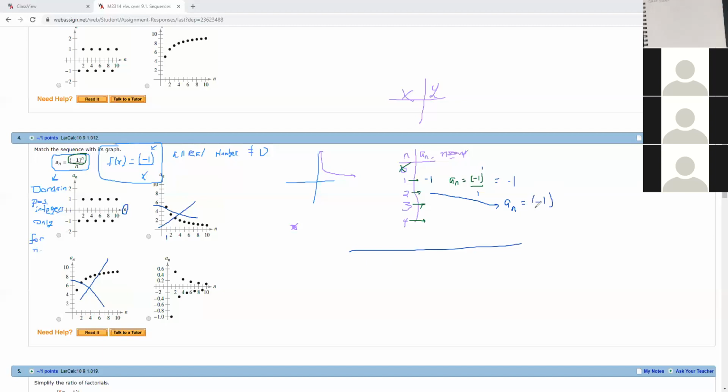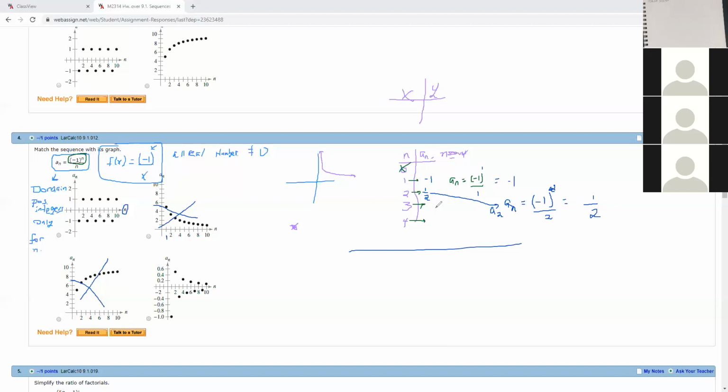So technically we would want to write here a sub 2. So a sub 2 is when you put n equals 2 for the n, and now we have -1 squared and then divided by 2. And of course, -1 times -1 is +1 over 2. And so that's this next term. And then let's quickly fill in the rest.